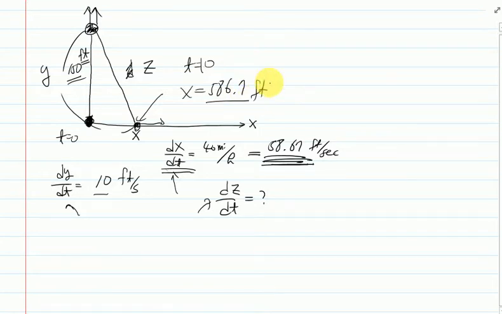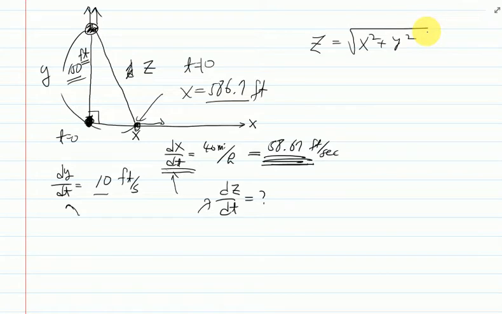That's the position. Then from this right triangle, we know that z must be the square root of x squared plus y squared. Be careful: when t equals 0, x was 0 and y was 150.